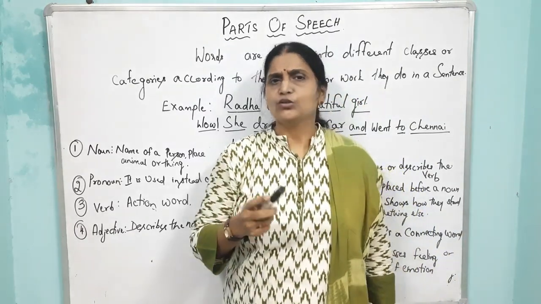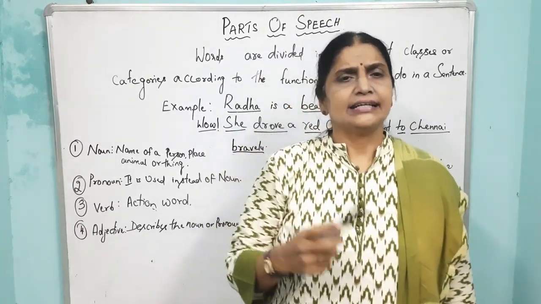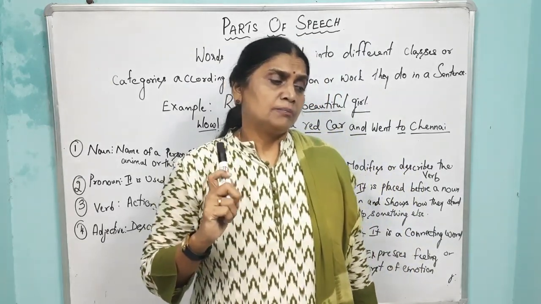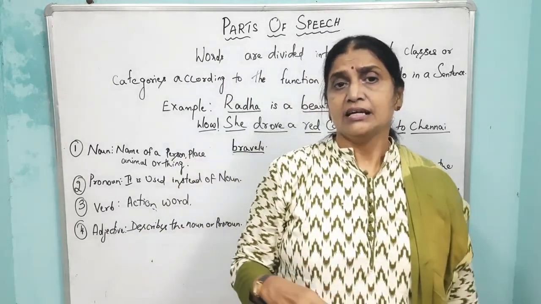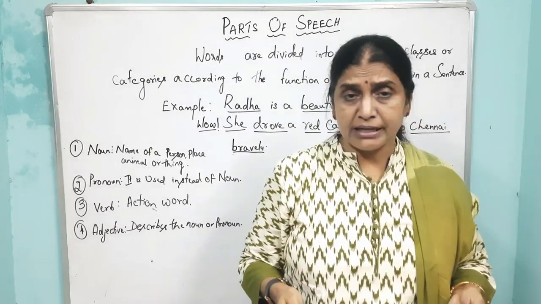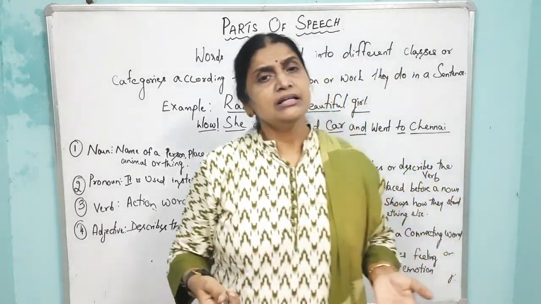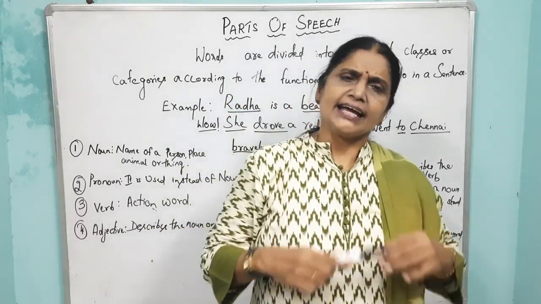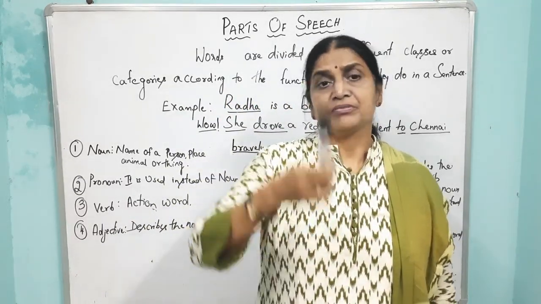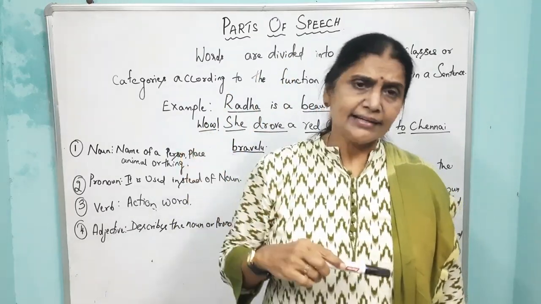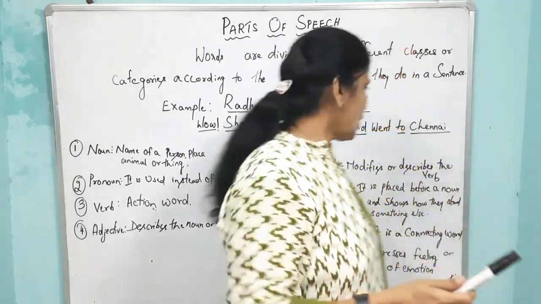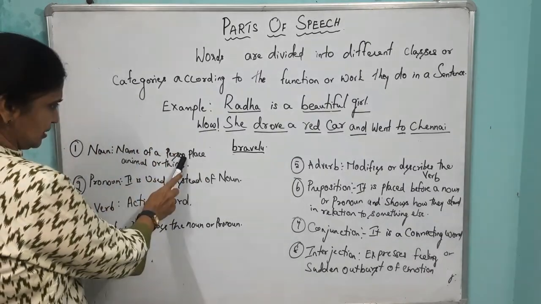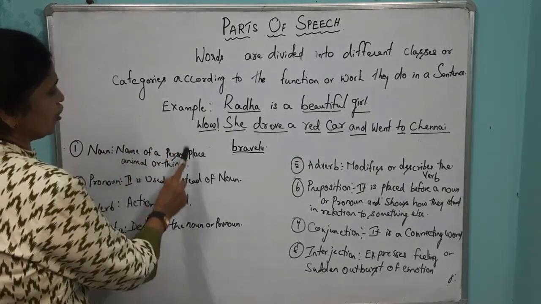Name of a person, you know better: Raja, Rani, Geeta, Sita. Place: Chennai, even garden, school. Animal: cat, dog. Things: pen, fan, board, book. All these are called nouns. A noun is the name of a person, place, animal or thing.